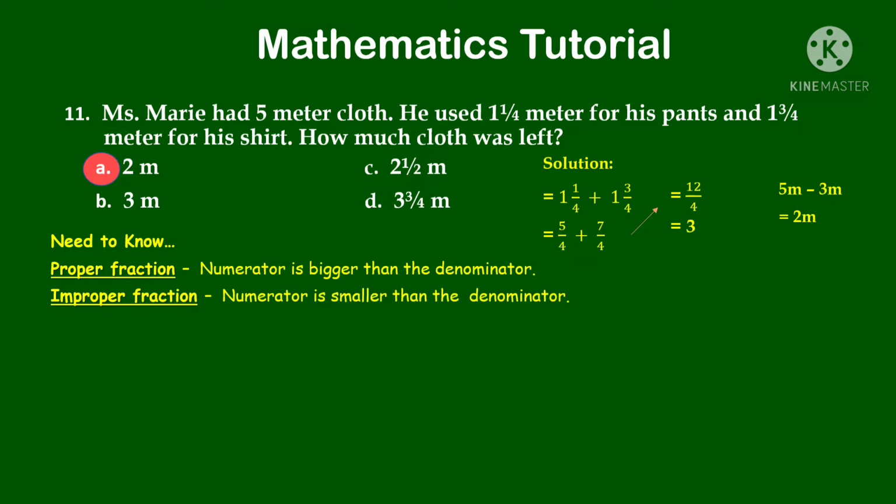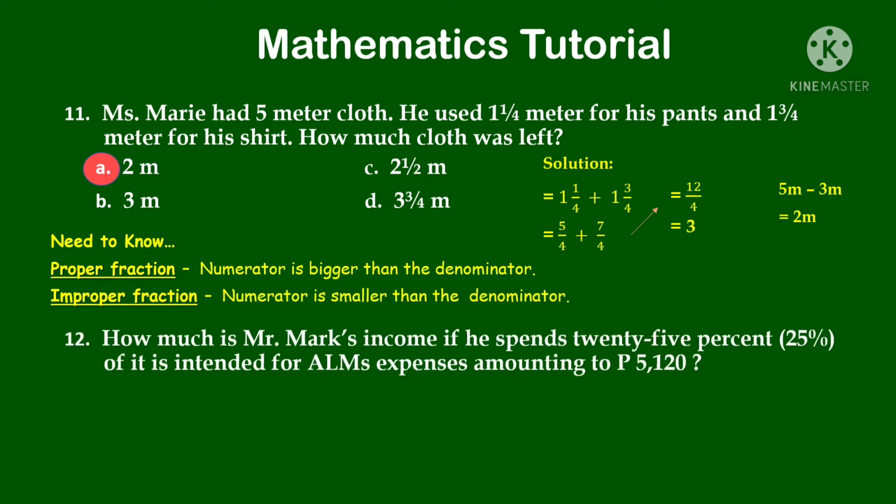Number 12. How much is Mr. Mark's income if he spends 25% of it, intended for ALMS expenses, amounting to 5,120? A, B, C, and D. So the question here is, how much is the income spent? 25%.